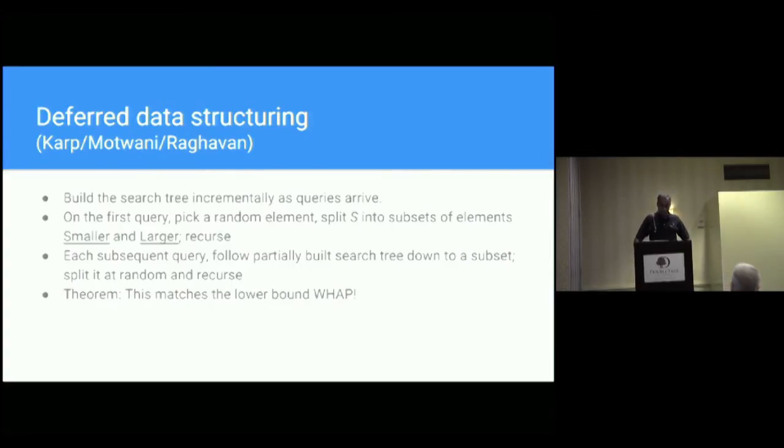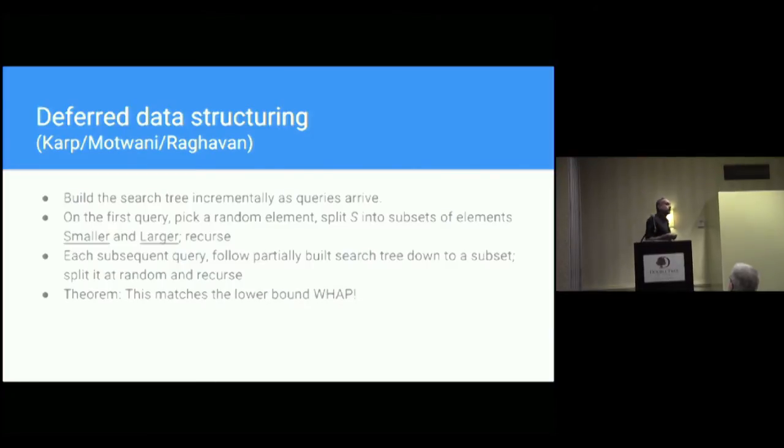This is joint work with Rajiv Motwani, is to build the search tree incrementally as queries arrive. Okay, so here's what you do. When the first query arrives, you compare it. You pick a random element, split it like you do in Quicksort. Determine which subset the query might fall into, go in there, and do this recursively.